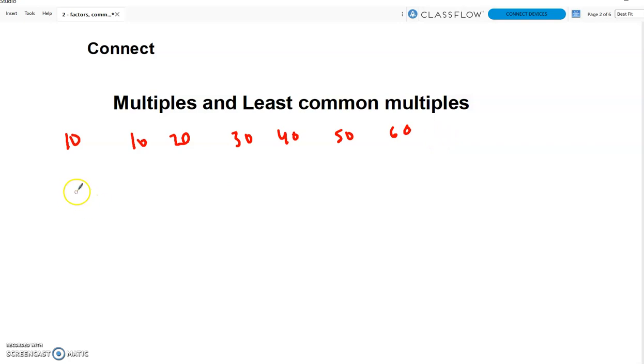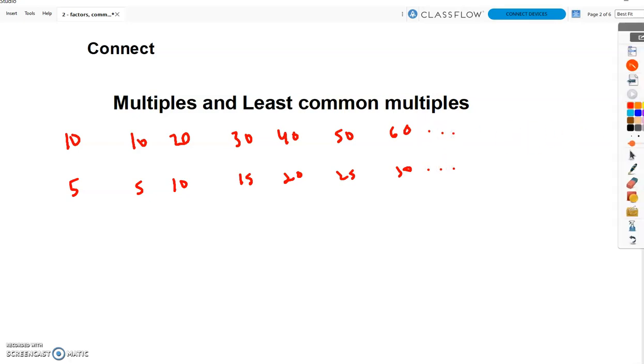The multiples of 5 are 5, 10, 15, 20, 25, 30, and so on. And we looked at two special circumstances comparing those yesterday. We looked at common multiples. So you'll notice 10 is a common multiple, 20 is a common multiple, 30 is a common multiple, and so on. Those are multiples they had in common, that they had the same.